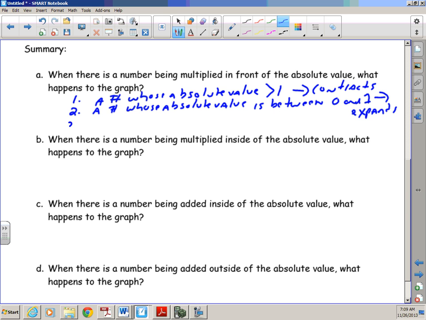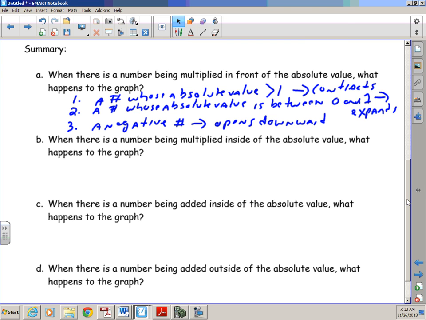And then 3, a negative number, it opens downward. Now, again, once I go through all these rules, I'm not expecting you to memorize the rules. You should be able to see the before and after when you do the graphing.